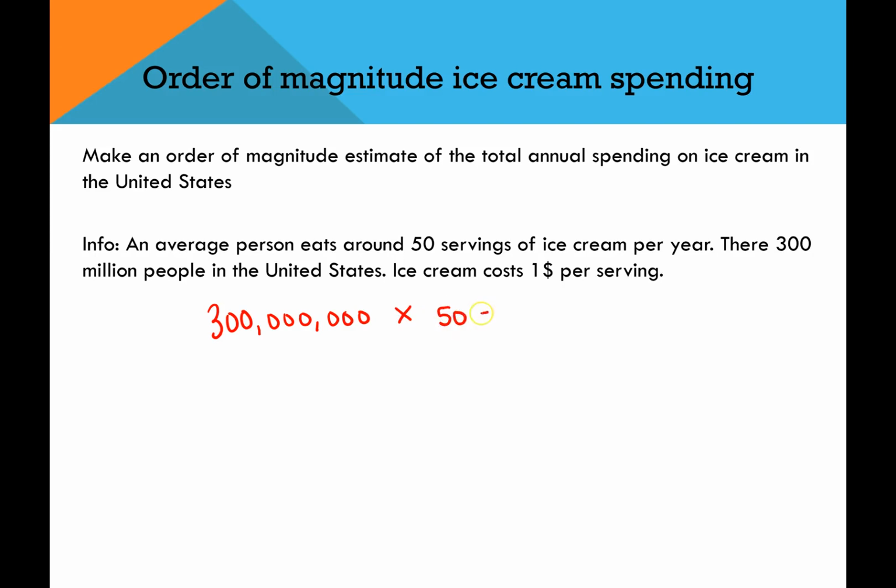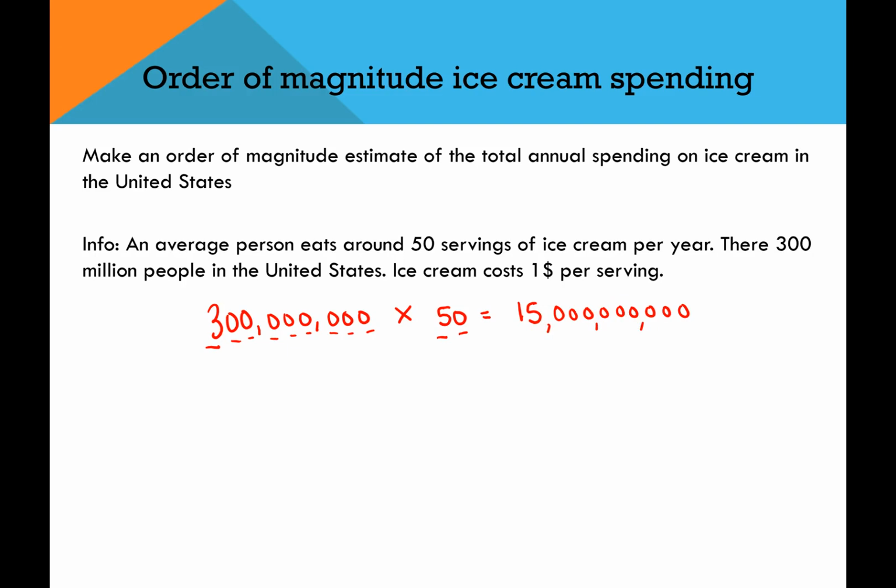So all we really have to do here is do 3 times 5 is 15. And then we've got 1, 2, 3, 4, 5, 6, 7, 8, 9 zeros. All right, so I'm going to bring back my commas. All right, so what's my answer here?